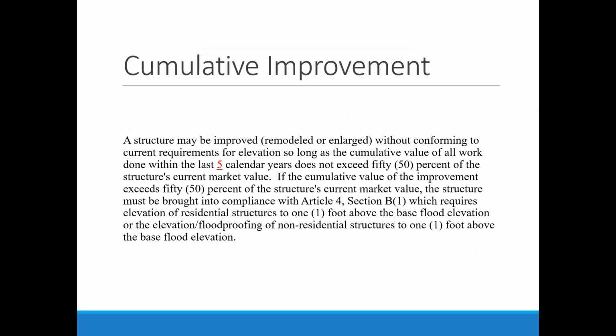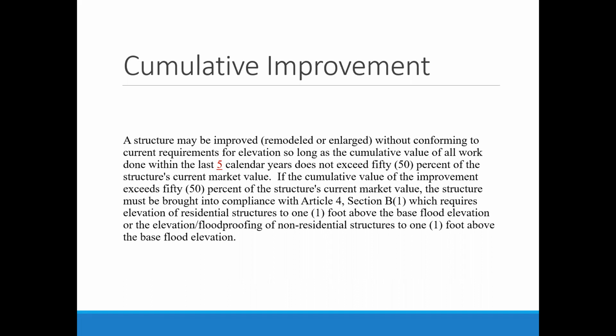And as I said, cumulative improvement is a standard that you can adopt into your ordinance. It's a higher standard. So yeah, commonly it's 5 years instead of the 1 calendar year that is the default. I think this is worth CRS points as far as higher standards. And so we're considering all of the work that's done over 5 years, and that would include damage.